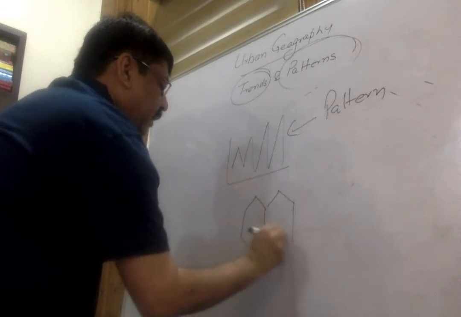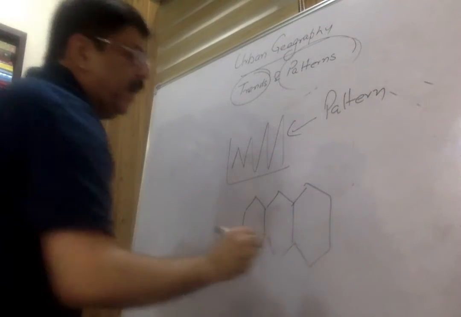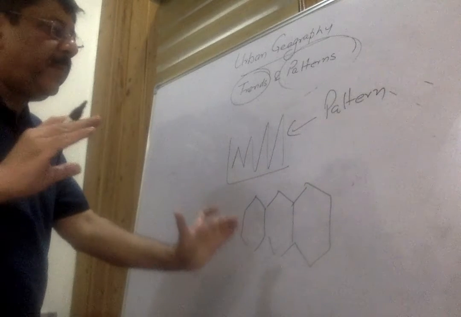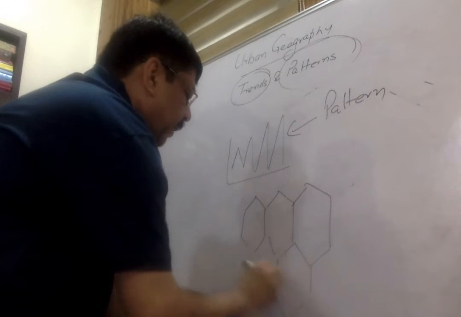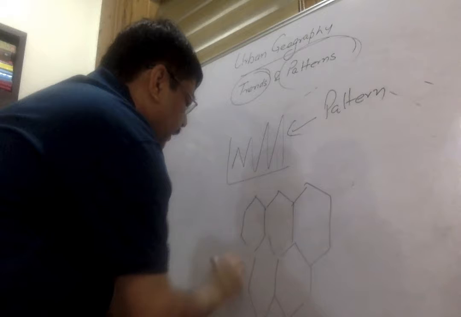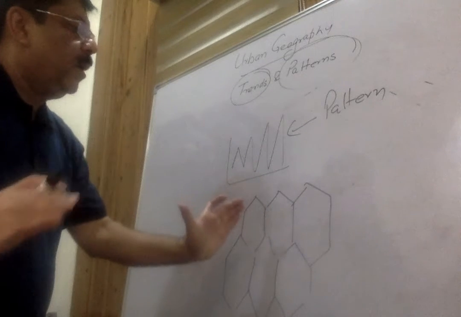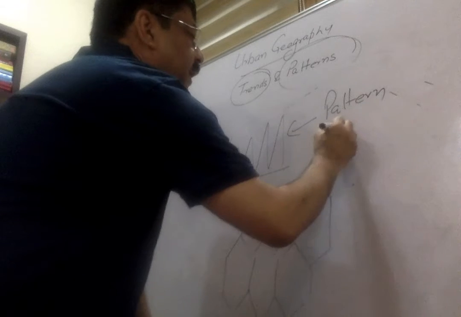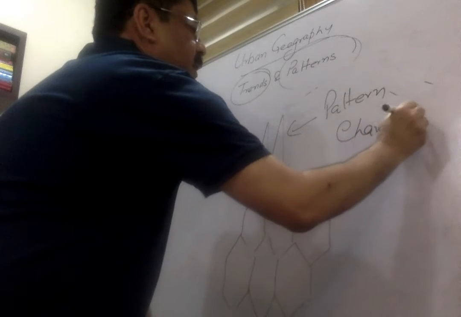That is the pattern. A repeated trend can also be a pattern. This is the pattern, the repetition. What is occurring again and again. Pattern is also a characteristic, a salient feature.